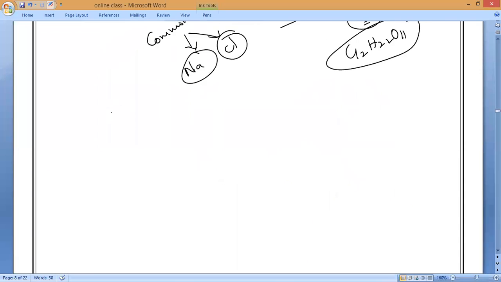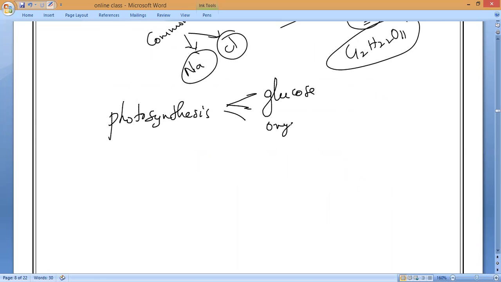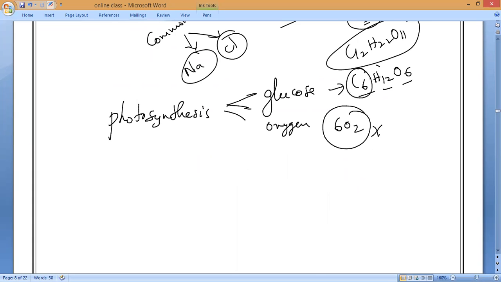Now, the photosynthesis reaction you can take. What are the products of photosynthesis? Glucose and oxygen. Oxygen, leave it, it is an element only. Glucose formula, anybody? C6H12O6. It is also made up of carbon, hydrogen, and as well as oxygen.